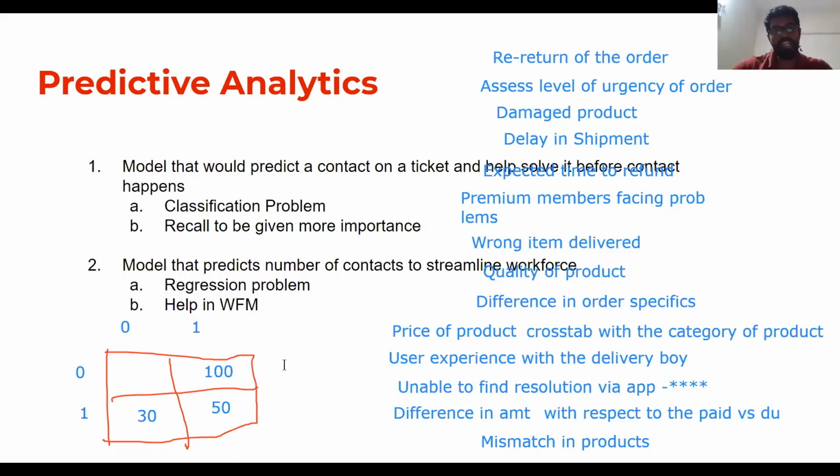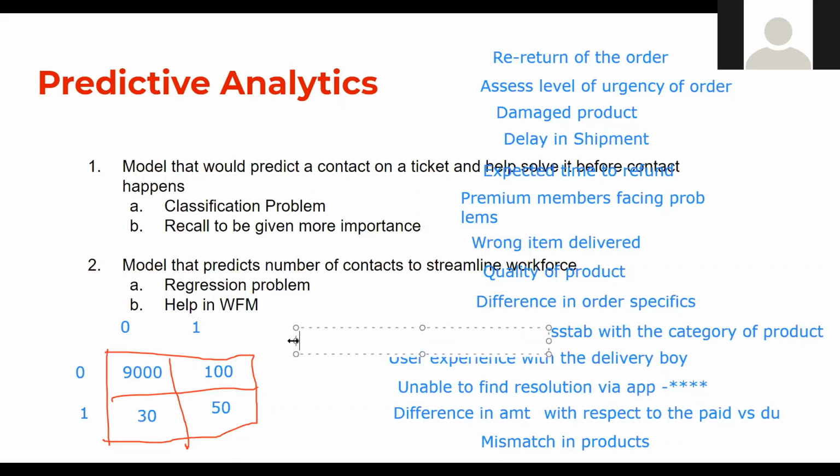Can you tell me what exactly would be in numbers? Here precision would be 50 divided by 150, that is 50 upon 50 plus 100. And recall would be 50 upon 30 plus 50, that's 50 by 80. Perfect.